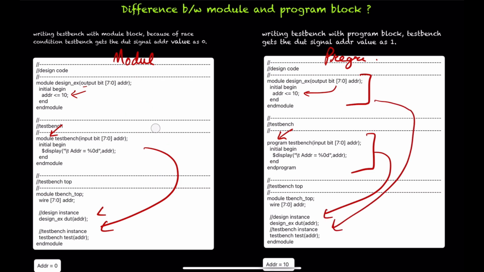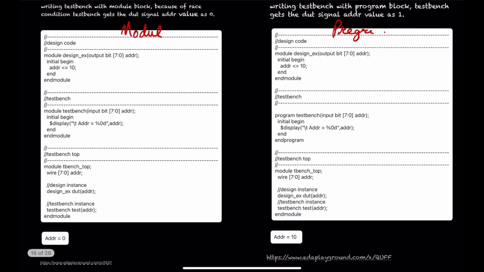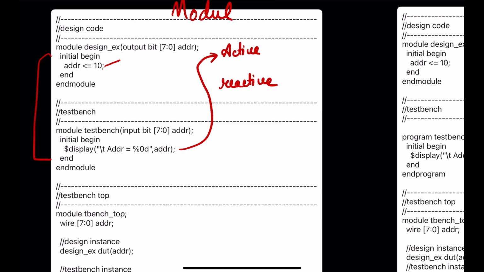Correct? Now what happens in the module scenario? We know that there are two regions of operation, active and reactive. These two modules operate in parallel. The display statements come under active region. Similarly, for the non-blocking assignment, the value of address in the active region will be 0, but the value 10 will get assigned to the address in reactive region.